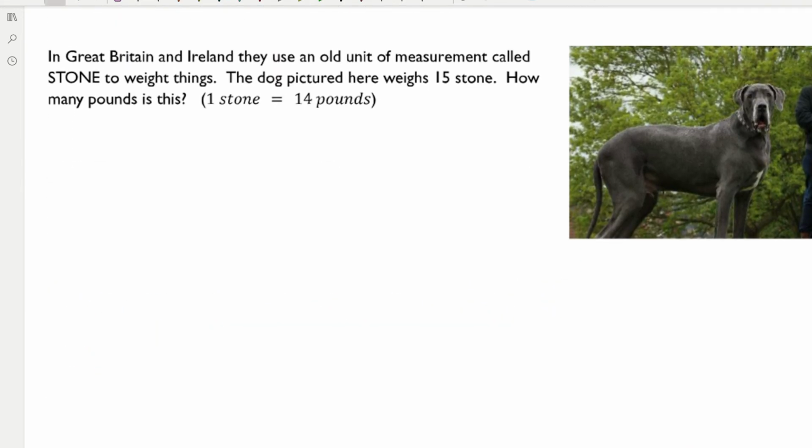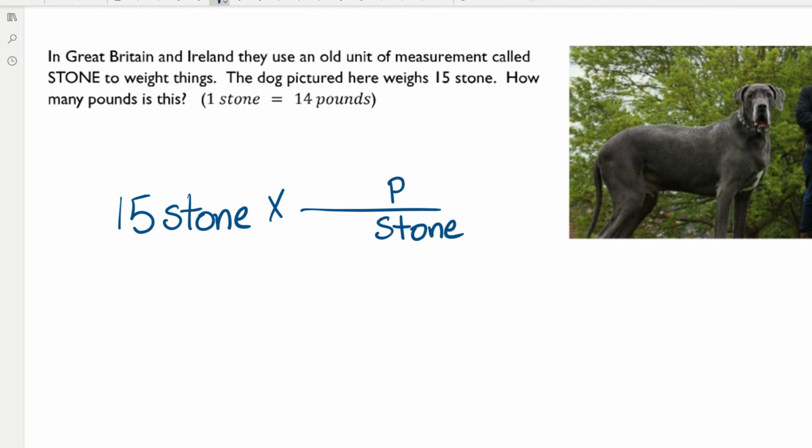All right, and another example here. The dog here weighs 15 stone. And we know that we don't want to talk about stone. We want to talk about pounds. And we know that 1 stone is 14 pounds.